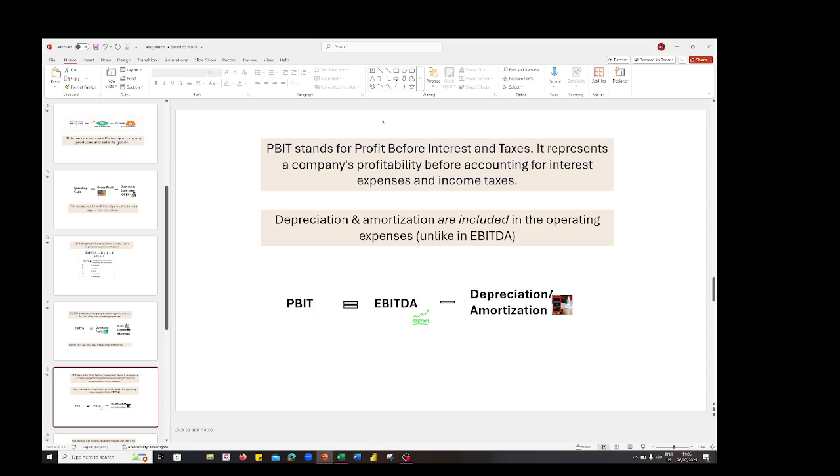So profit before tax: you really want to know how much is your profit before you pay your interest expenses, before you pay your income taxes. And depreciation and amortization are included in the operating expenses, unlike in EBITDA. So that is why the profit before interest and tax equals EBITDA minus depreciation and amortization.